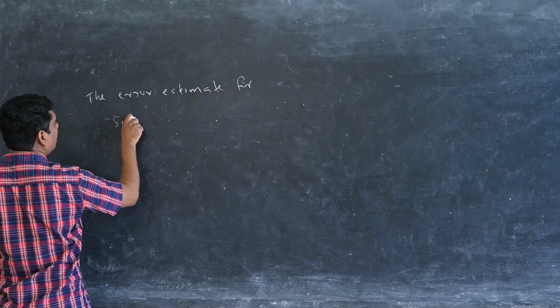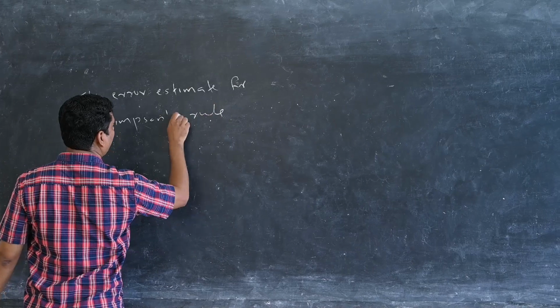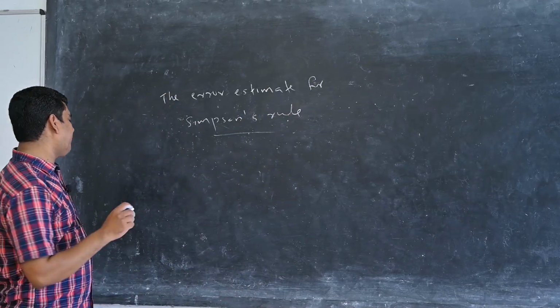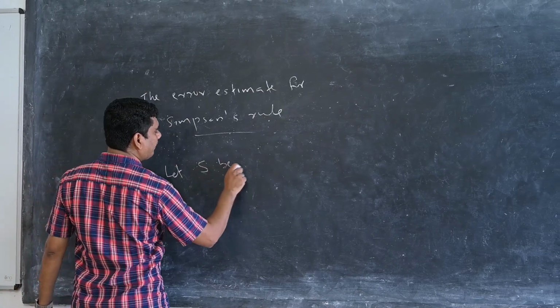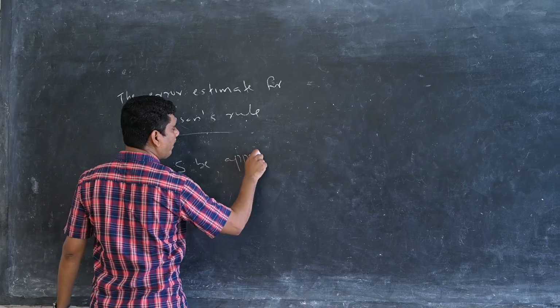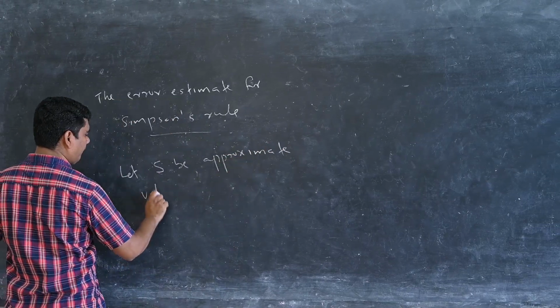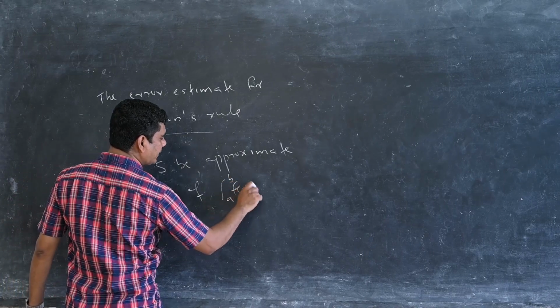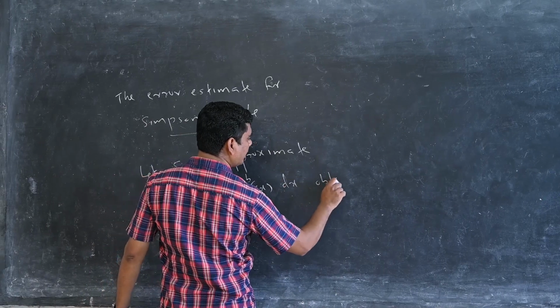Error estimate for Simpson's rule. So let S be the approximate value of the integral a to b f of x dx obtained using Simpson's rule.